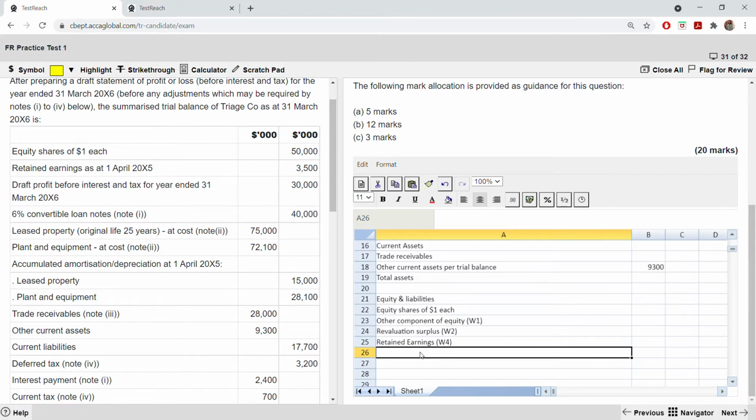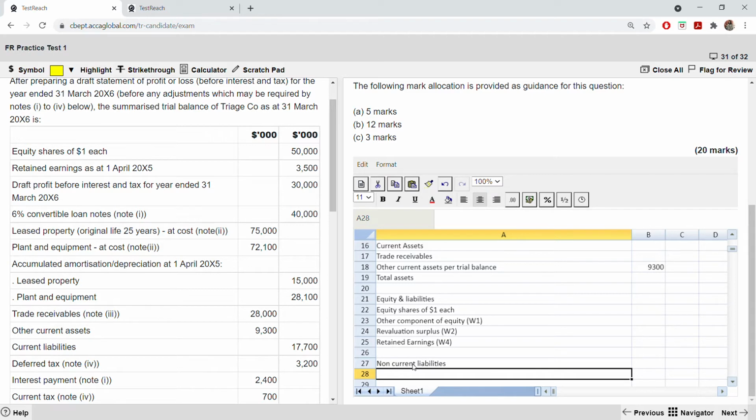After that, leave a space, non-current liabilities. Under non-current liabilities, what comes? Deferred tax. We saw deferred tax comes in. We even have a note 4 for that if you see the original trial balance also.